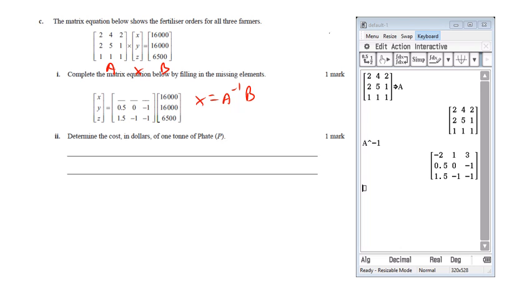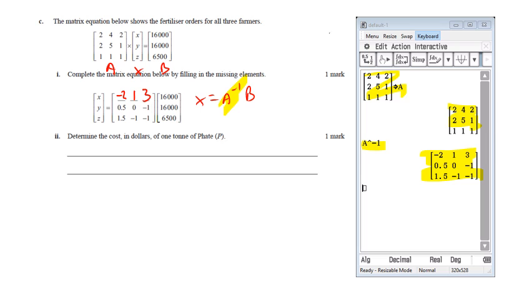I've put in my A, pressed execute, did A hat neg1, which is the way you do to the power neg1, using the hat for powers, and you get this matrix. That's good because you can see that the 0.5, the 0, the -1, the 1.5, the -1, the -1 are there. So you're just going to put those numbers in, which is -2, 1, and 3. That's straight from the calculator.